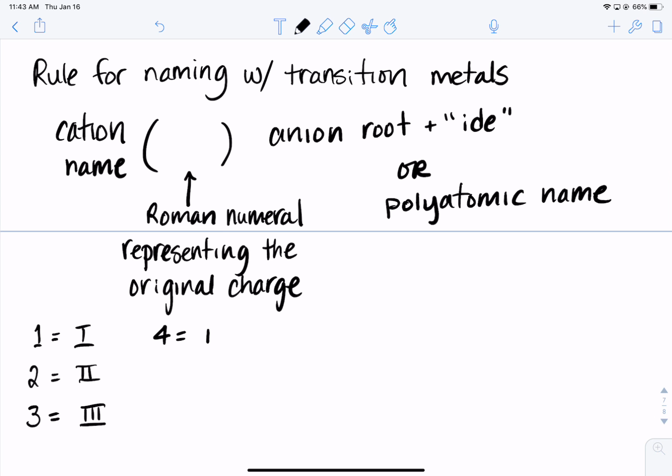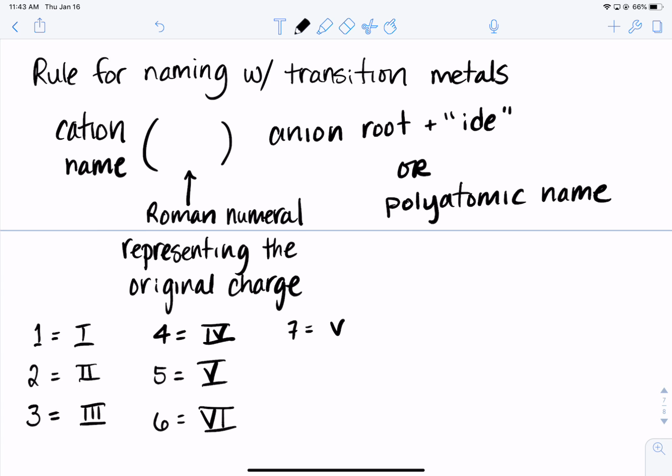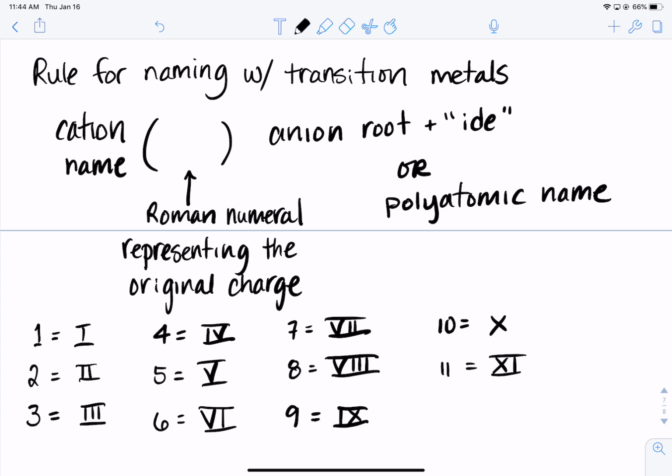It is IV, and that is because 5 is represented by V. And then you start to go after the V. So this is VI. 7 would be VII. 8 is 5 plus 3, VIII. And then for 9, I'm going to jump to 10. 10 is X, so 9 is 1 before 10, so you do IX. And then 11 would be XI, and so on and so forth.